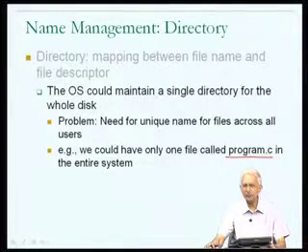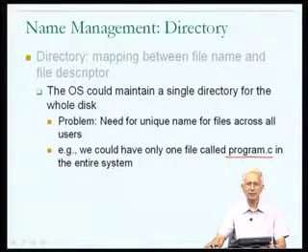Now there may be certain situations where you could see this as not being too much of a problem. For example, let's suppose that there's only one user. A simple example of that is a personal computer, where there may only be the one user. And in fact, on certain early personal computers, this kind of a directory may have been adequate. But today, very clearly, we must understand that even on a personal computer, there could be many users, and this is too much of a restriction.